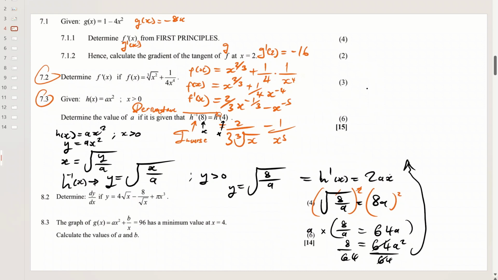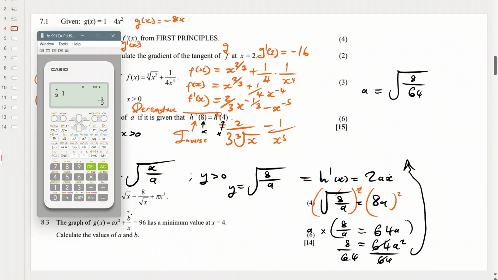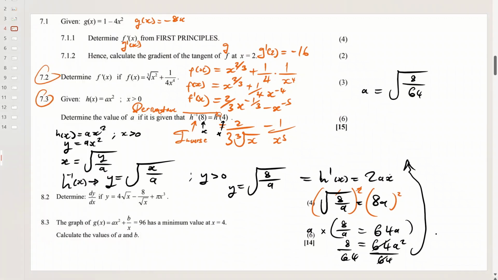You'll have a into the square root of 8 all over 64. So now let's see what is that. And remember, guys, this is not going to be the square root, but a cube root of 8. No. Something is off here.